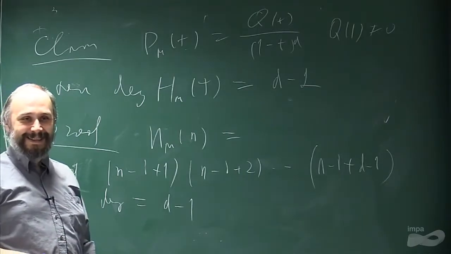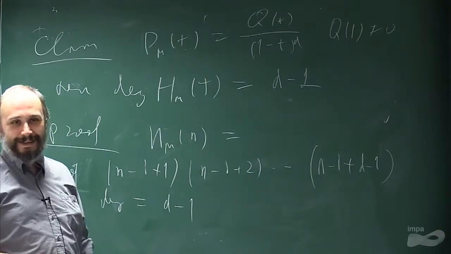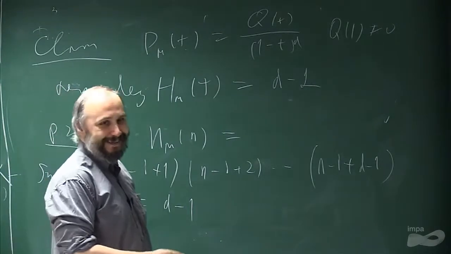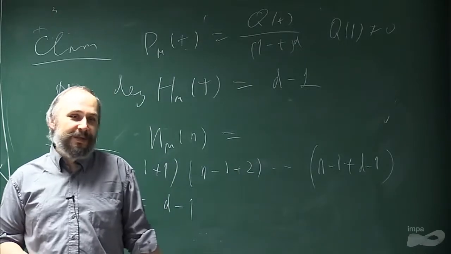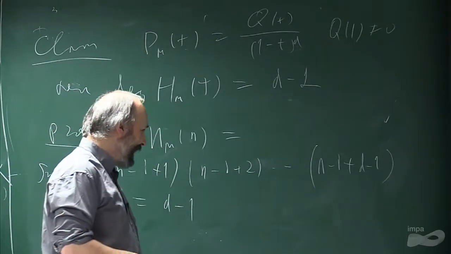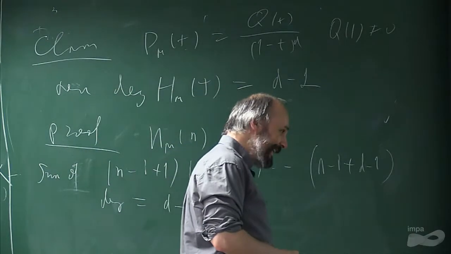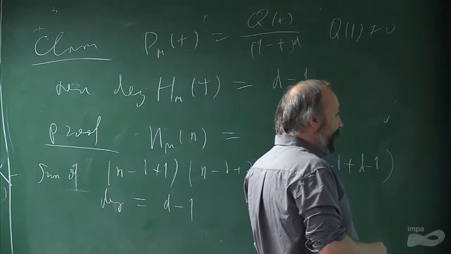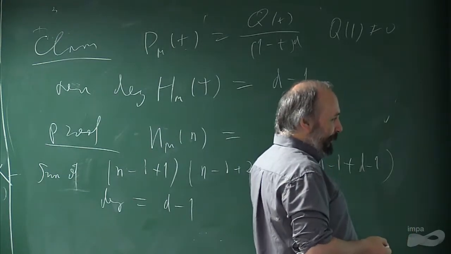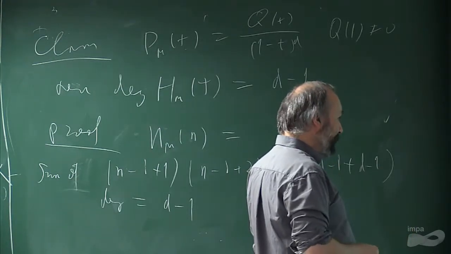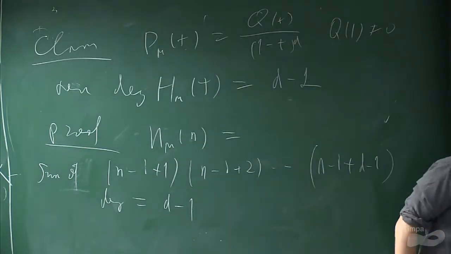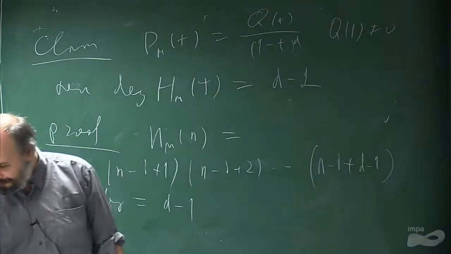Well, you can probably do that, but then the question is what is the degree of 0? Who cares? You just set it to 0 and forget it. Okay, so this is this polynomial.